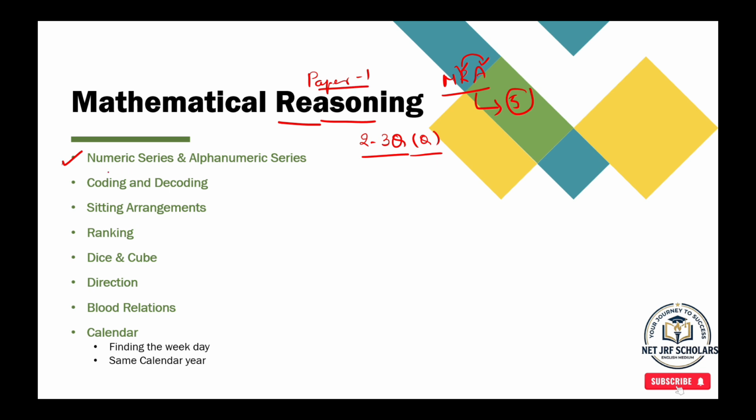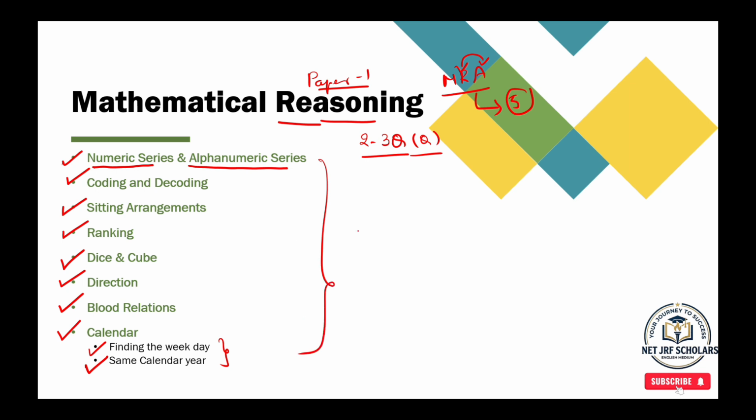They include number series and alphanumeric series, coding and decoding, sitting arrangement, ranking, dice and cube, direction, blood relations, and the most important, calendars. There are 2 important concepts in the calendar: finding the weekday and same calendar year. If you learn these concepts, they are more than enough to answer the reasoning questions in UGC NET Paper 1. We are also going to upload videos on these concepts on our YouTube channel, NET JRF Scholars. You can refer to those videos.